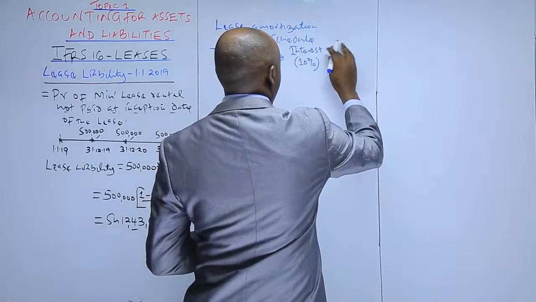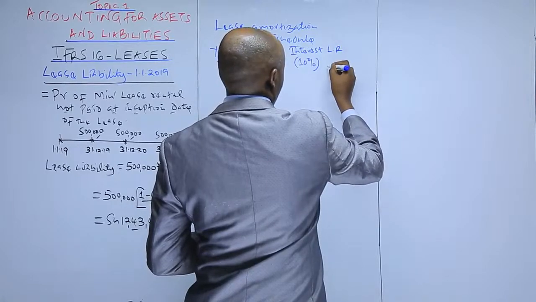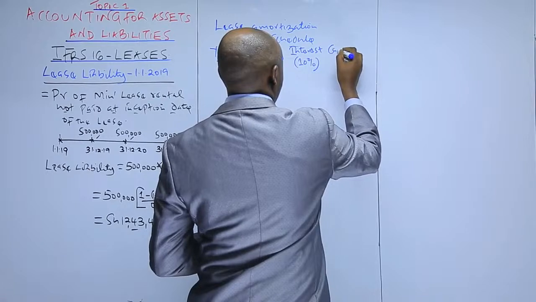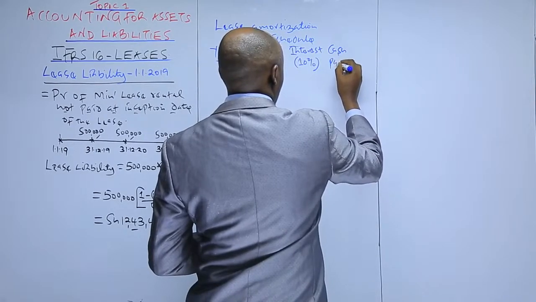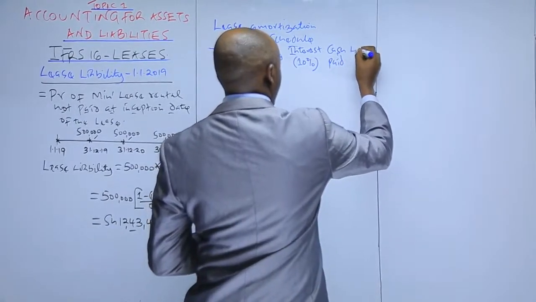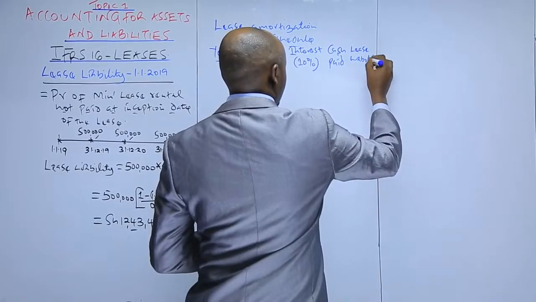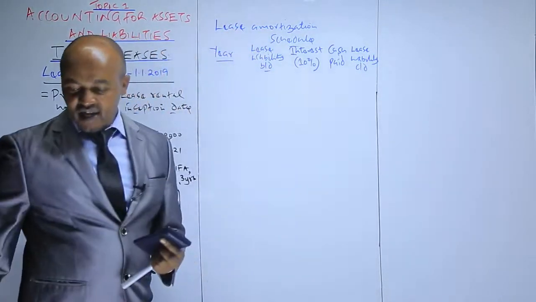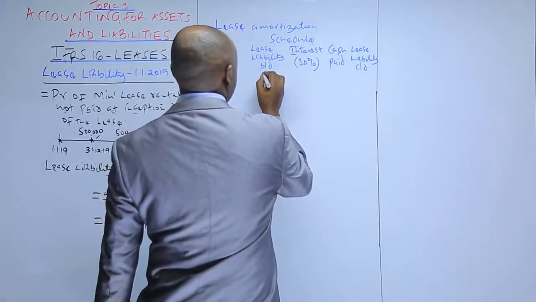And then the other column should be for the lease rentals paid, or you can just refer to this as cash paid, which represents the rent paid at the end of each year. And finally we have the lease liability at the end of the year. So that's how we prepare our amortization schedule.